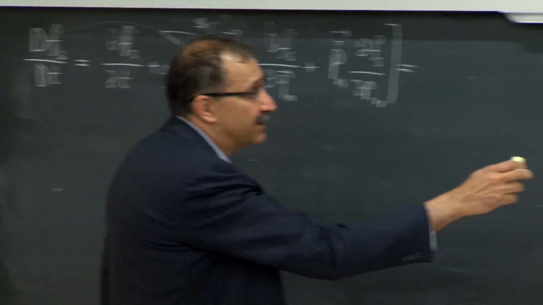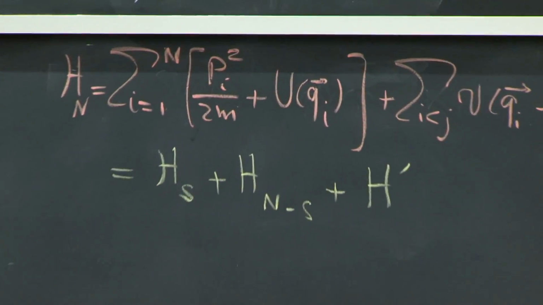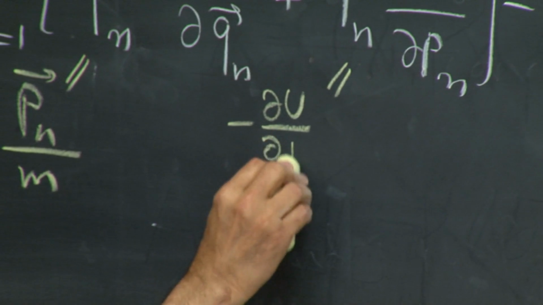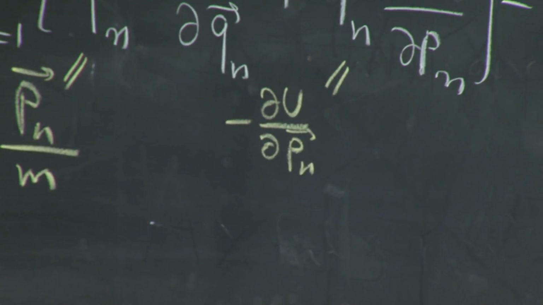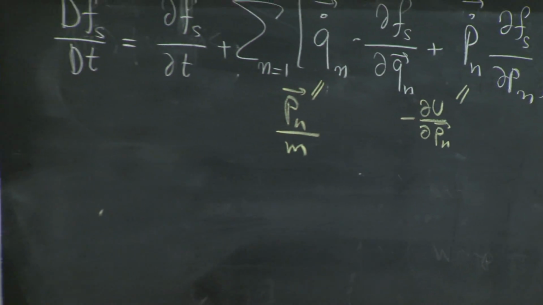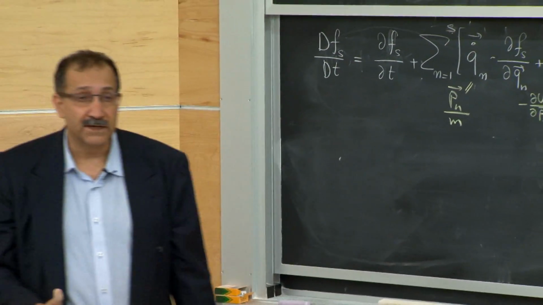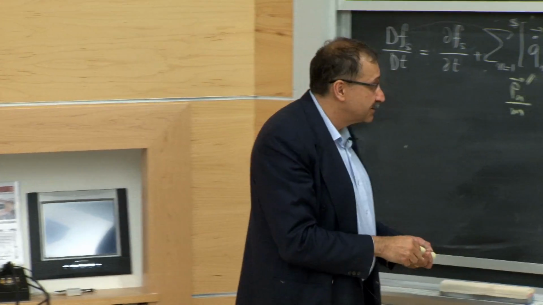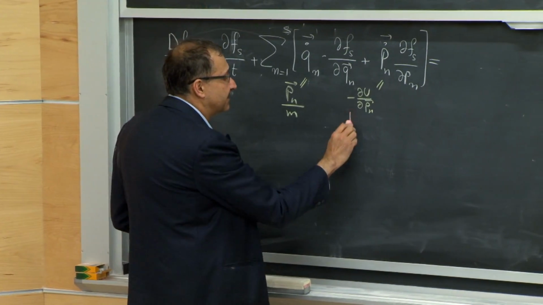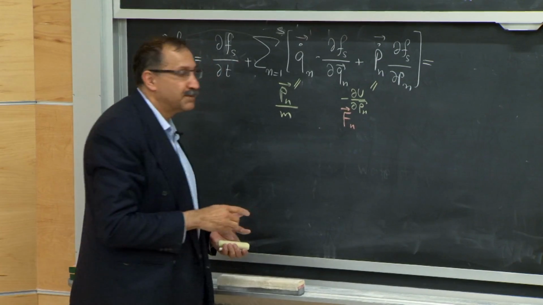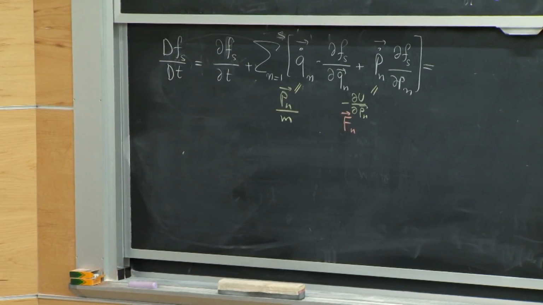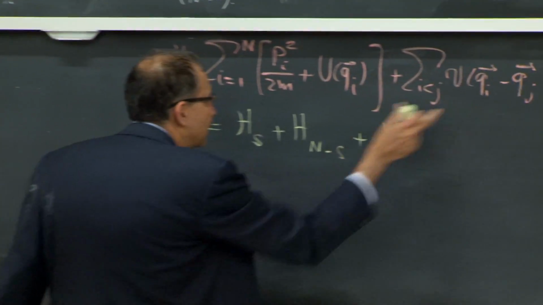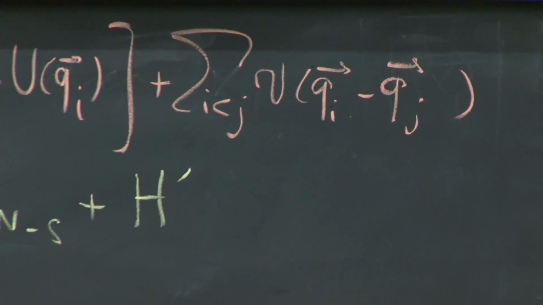Now, what I need to do is to take the derivatives of various terms here. So I have minus dU by dqn. And what is this? This is essentially the force that the particle feels from the external potential. So if you are in the box in this room, it is 0 until you hit the edge of the box. Okay, so I will call this Fn to represent the external potential that is acting on the system. What else? I have the force that will come from the interaction with all other particles.